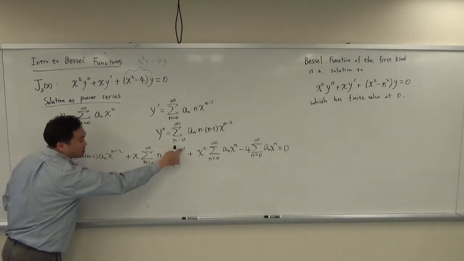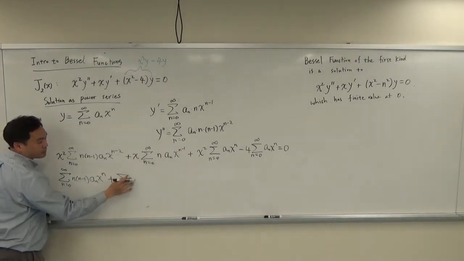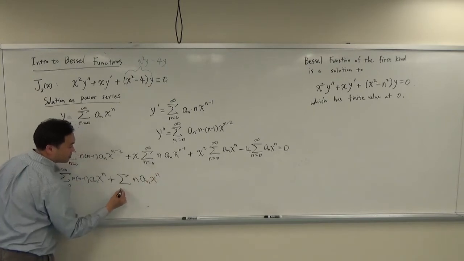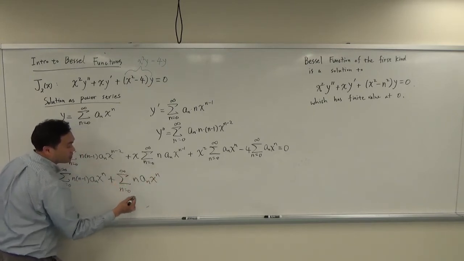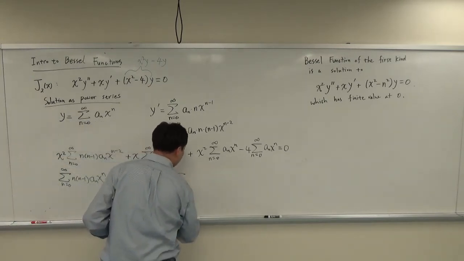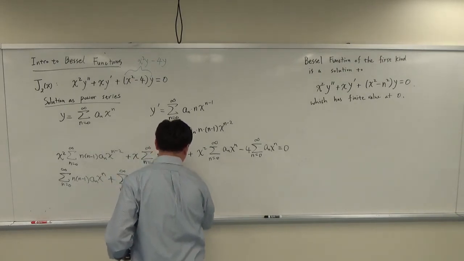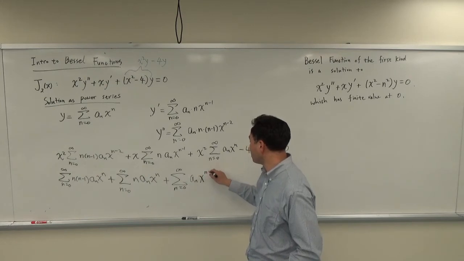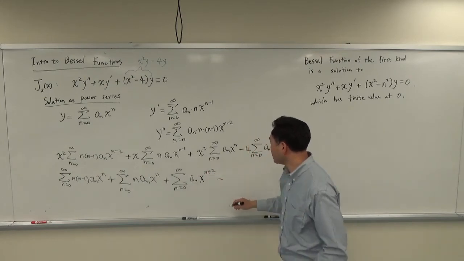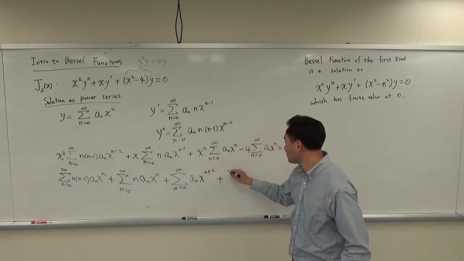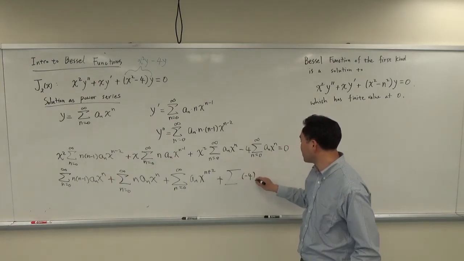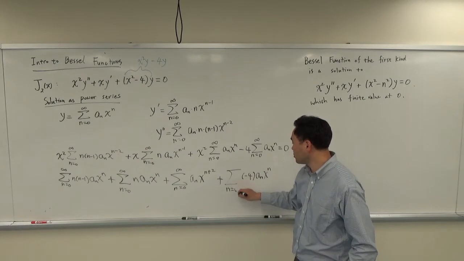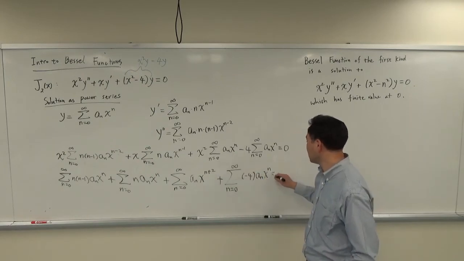Okay, and then sigma, do the same thing here. x times x to the n minus 1, what's that? n, still n, right? And then plus sigma n equals 0 to infinity, and then this one, a_n x to the n plus 2, and then let's move the negative 4 inside as well: negative 4 a_n x to the n, sum from n equals 0 to infinity, equals 0.